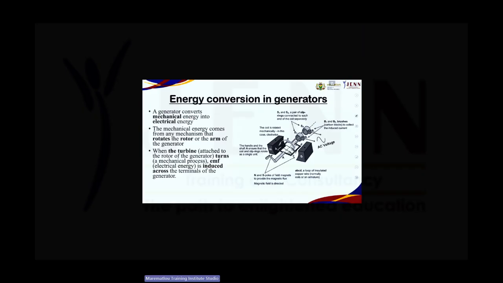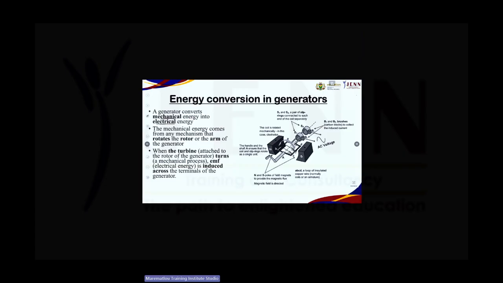When we look at our generators, the generator converts mechanical energy. Think about those three things I mentioned earlier: I've got my mechanical energy, the electricity part, and my magnet. So a generator converts mechanical energy, and we are creating electrical energy.